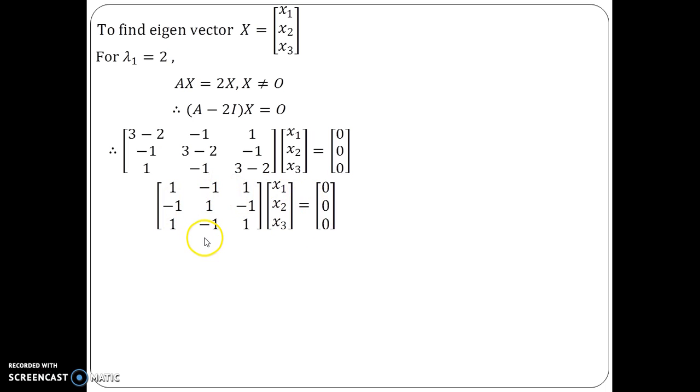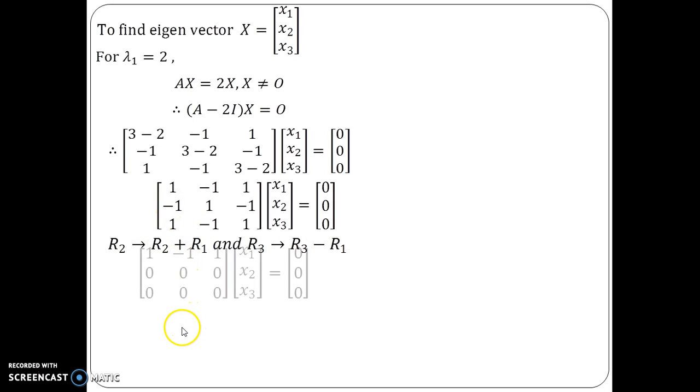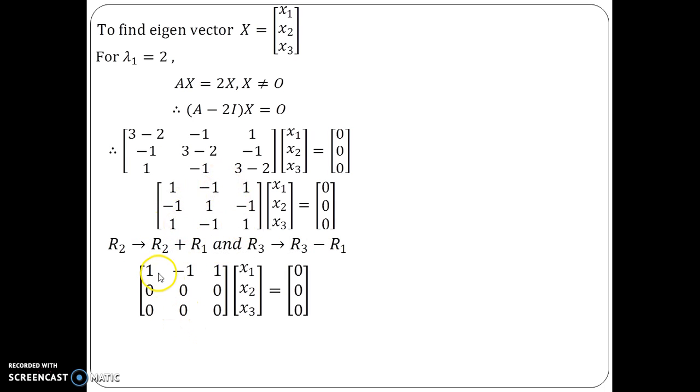We perform the row transformations, and we reduce the matrix to this system. When we simplify it further, we obtain only one equation, that is x1 minus x2 plus x3 equals 0. If I simplify this equation, I obtain x1 plus x3 equals x2.